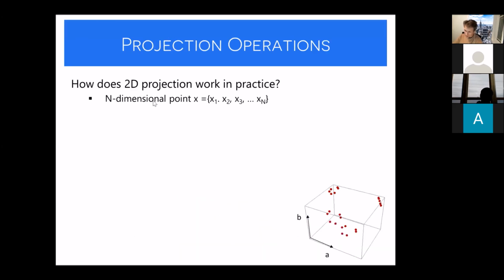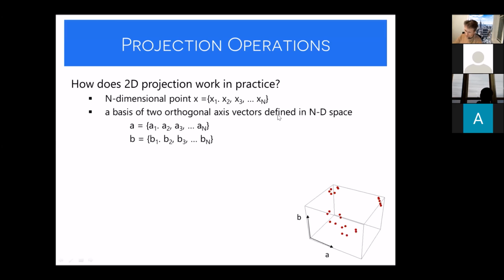But now, how do 2D projections work in practice? You don't usually have only 2 dimensions, you have n dimensions. Let's say for the car you had 7. An n-dimensional point is described as an n-dimensional vector, and the 2 orthogonal axis vectors are like this.